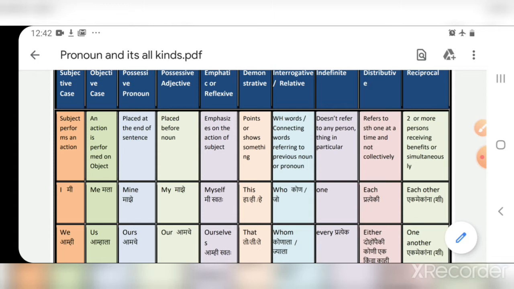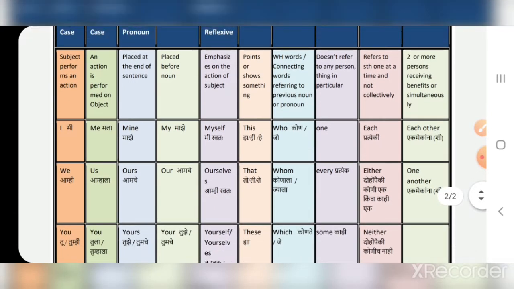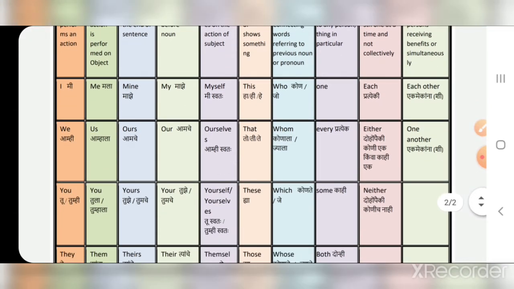That means I'm emphasizing the action, that I myself did it and nobody else helped me. To emphasize that I myself completed it and nobody else helped, I say I myself completed this project. So this is an emphatic pronoun.